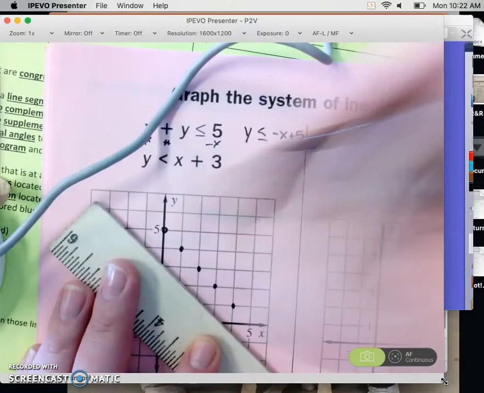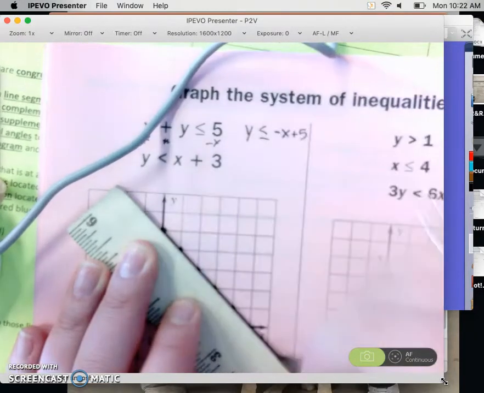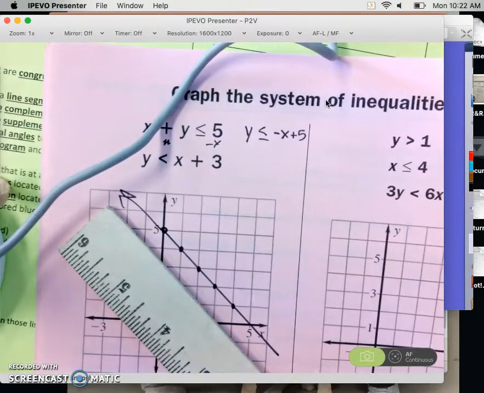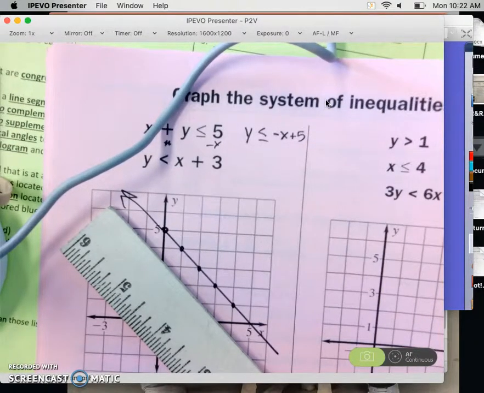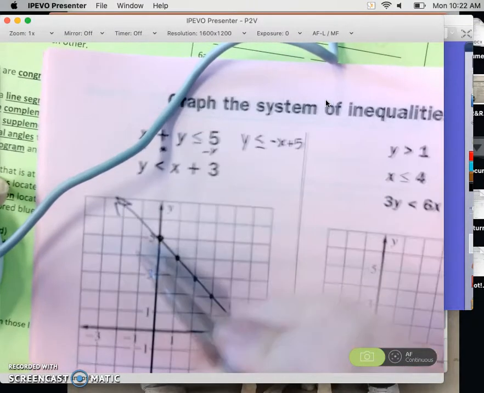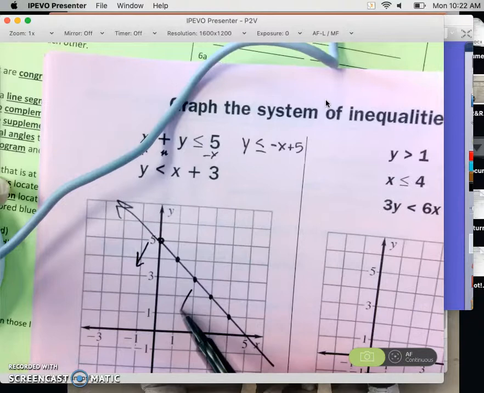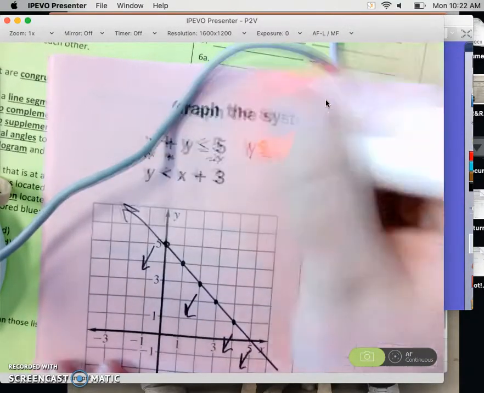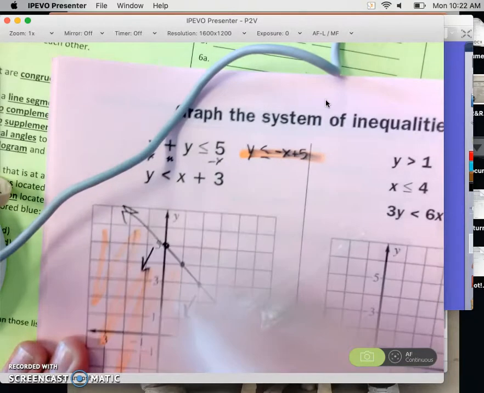It's going to be a solid line. And it's going to be y is less than, so I'm going to highlight like that.